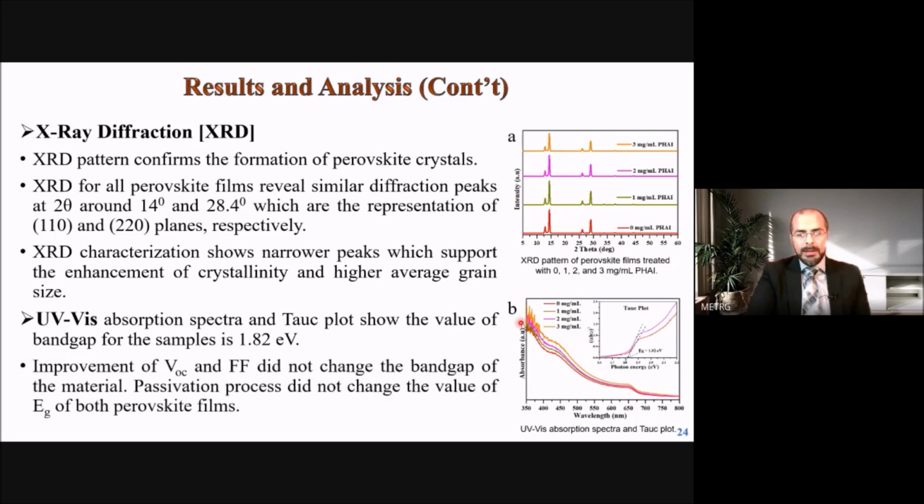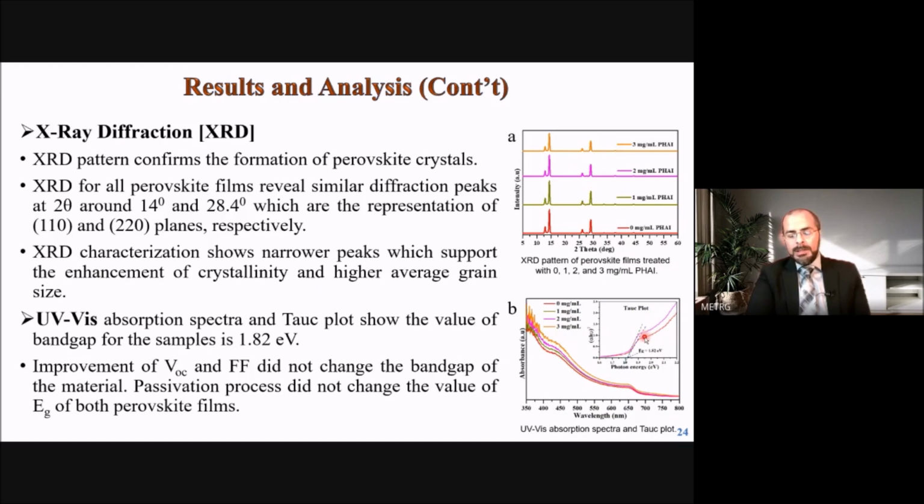Also, we have done the UV visible spectroscopy, and this spectroscopy shows the 4 conditions, and also we use UV visible with a specific function. We call it Tauc plot. It's a procedure to calculate the band gap of the material based on the UV visible spectra for the material.